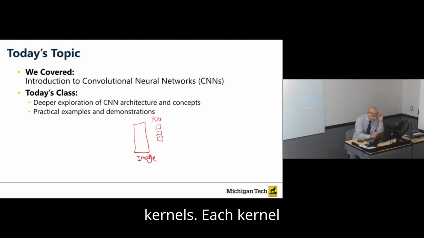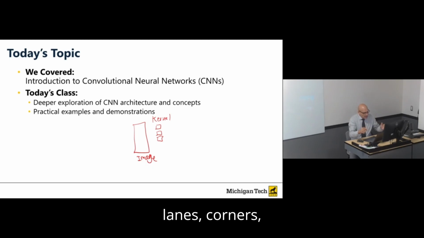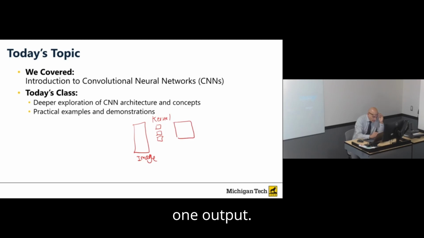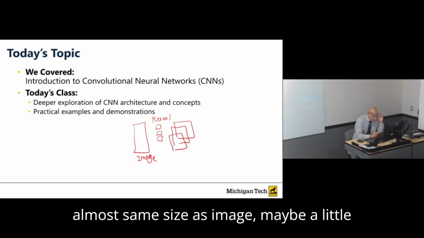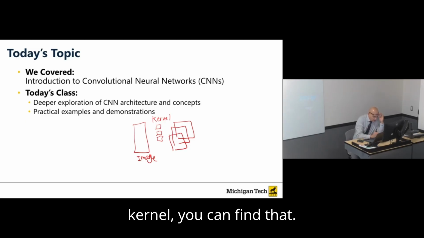Each kernel detects some low-level features like lanes, corners, edges, whatever. Corresponding to each kernel, we make one output. This output is almost the same size as the image, maybe a little less, based on the size of the kernel.